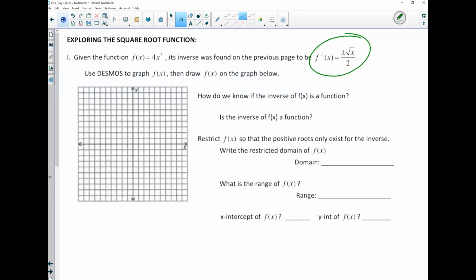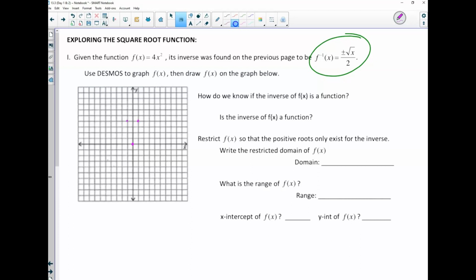So what we're going to do is use Desmos to graph f of x and then draw f of x on the graph below. Well, I'm not going to use Desmos to do that, because I know my parent function is going to go through the origin, 0, 0, and then we can do that old 1, 4, 9 thing. So if I put a 1 in, I'm going to get 4.